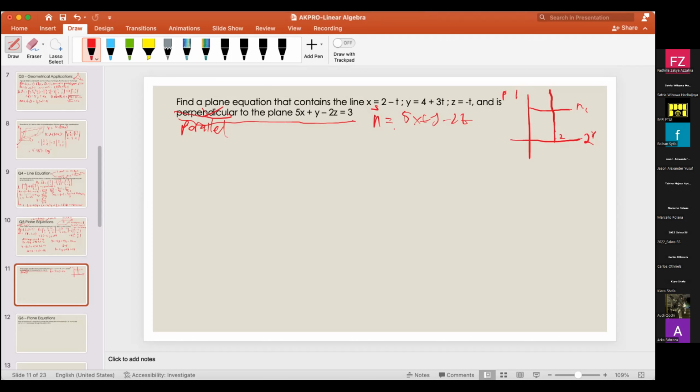So let me change the question, because if it's parallel, this will be plane 1, plane 2. This will be the normal. And so all I have to do is just write n is equivalent to 5, 1, minus 2.